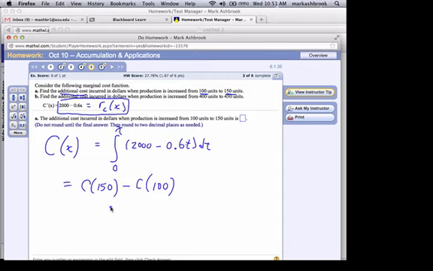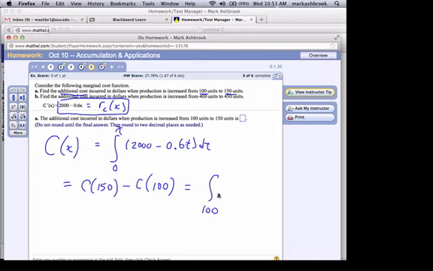Absolutely, that will work. Is there another way? Is there another way to represent this additional cost, starting at 100 units and going up to 150? Put 100 on the bottom of the integral and 150 on top of the integral. Yeah, so we can do this.